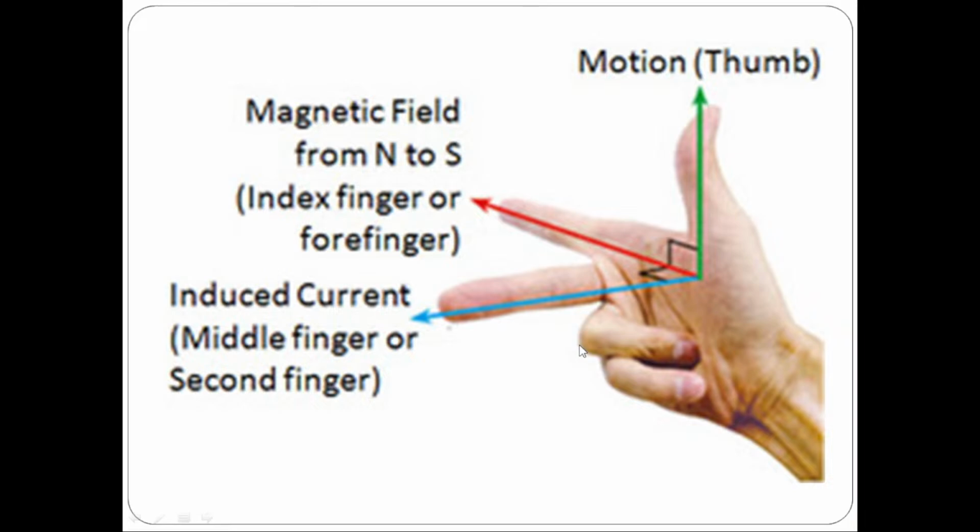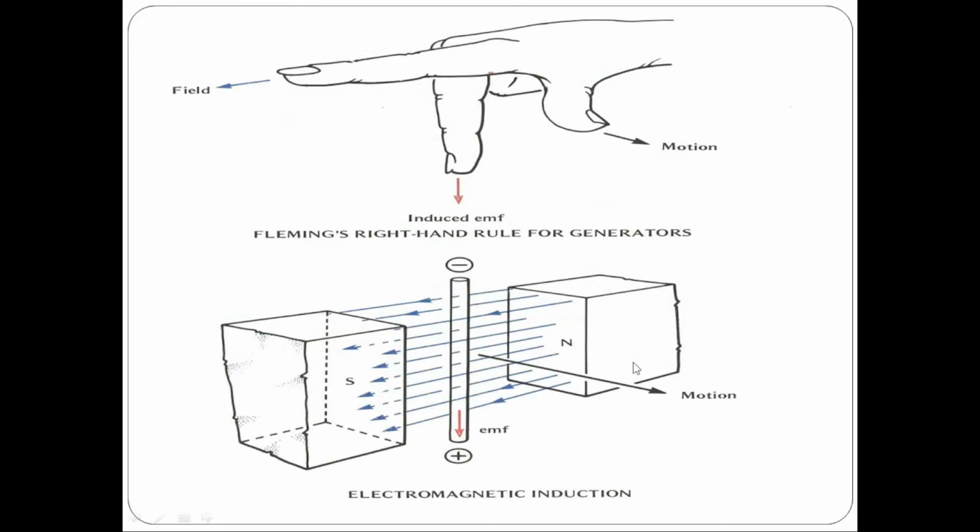You can see in this image, this is the direction of magnetic field, and this is the direction of motion.